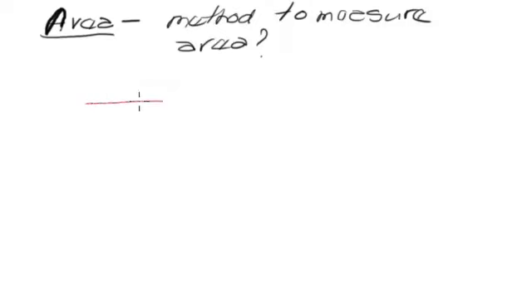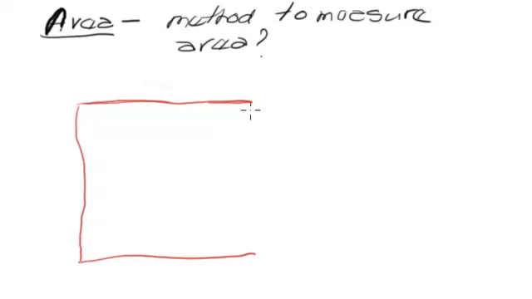So let's start with an easy object, a square, if I can draw a nice square here. That's usually where we start out talking about area.